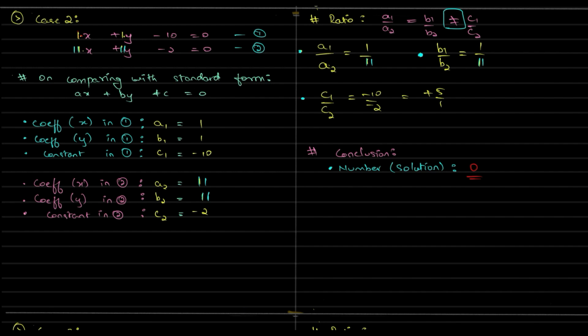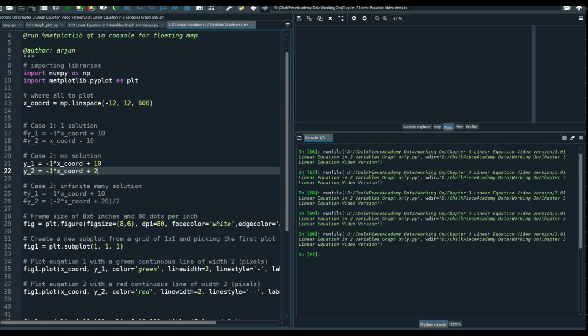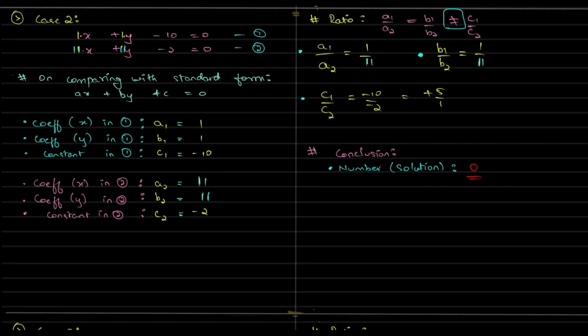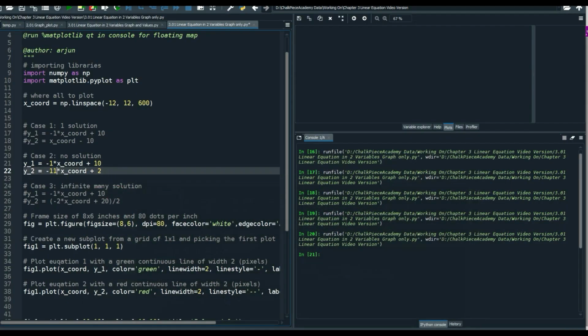Okay, so let's look at that graph now. So I'm going to change this to 11, and b1 by b2 to be 11. So for that I need to divide by 11. Let me show you why.